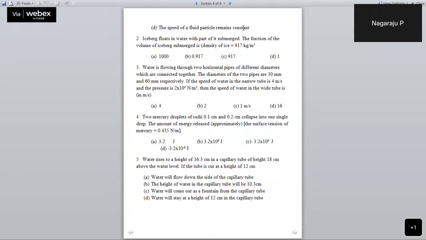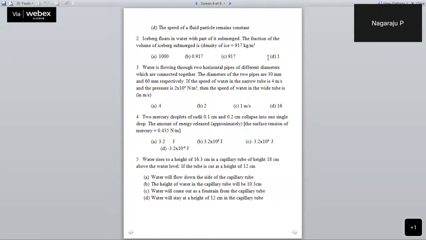Either you can write it as kg meter minus 3 or kg per meter cube. It may be given in whatever way, it depends on the paper. So you have the choices like 1000, 0.917, 917, 1, like this.